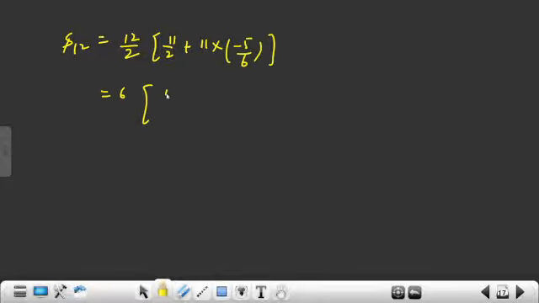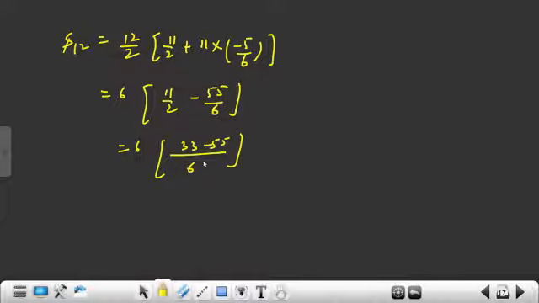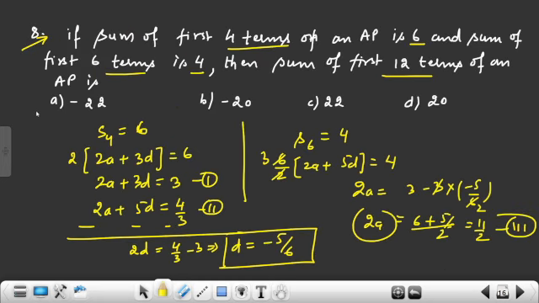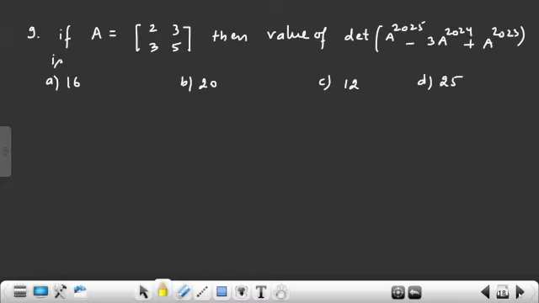So 6 into 11 by 2 minus 55 by 6. LCM will be 6. 33 minus 55. That is minus 22. So what is the sum of first 12 terms? Minus 22. So option number A, right? Let's move to next one, 9th one.